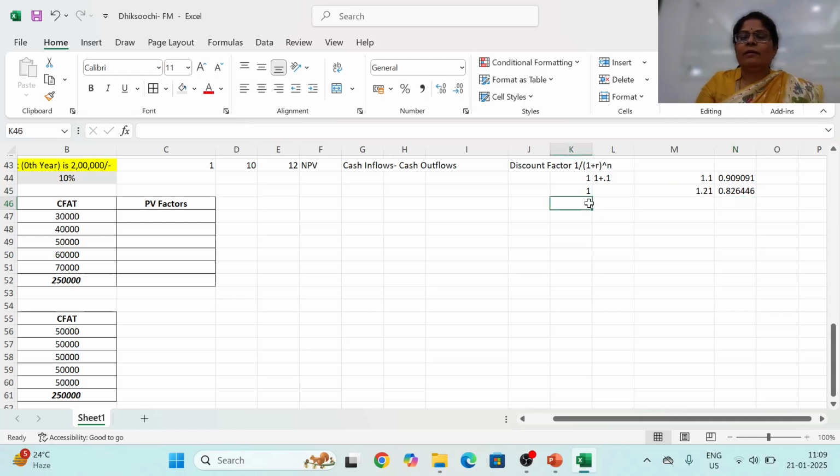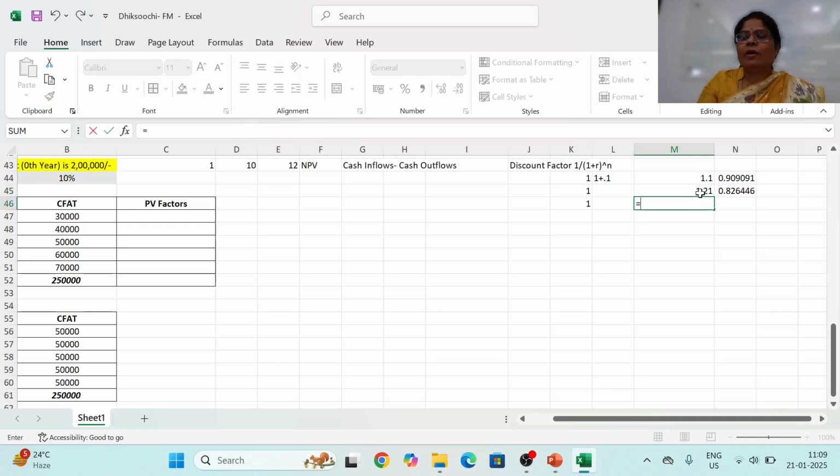Same with the third year: the numerator is the same, and 1.1 is taken to the power 3. What is the easiest way? Already I have multiplied this twice and got 1.21, which is 1.1 squared, and one more power is added. So either you can do it this way, or you can just take the power as 3. You will get the same answer.